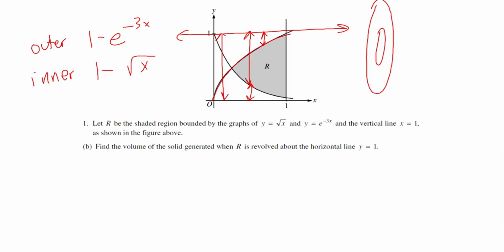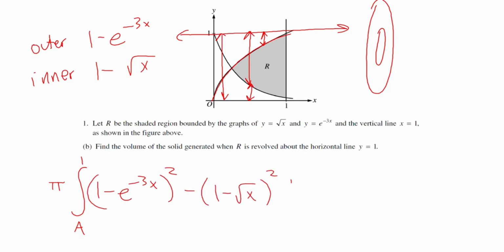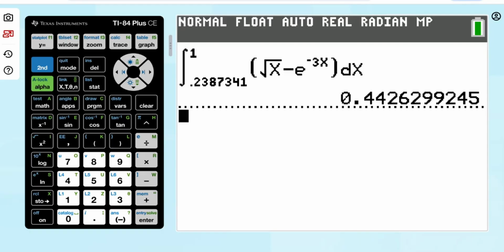And the format here is pi times the outer radius squared minus the inner radius squared integrated across that region, which is from a to 1 once again. So it's our outer radius, 1 minus e to the negative 3x squared, and then minus 1 minus root x squared dx.